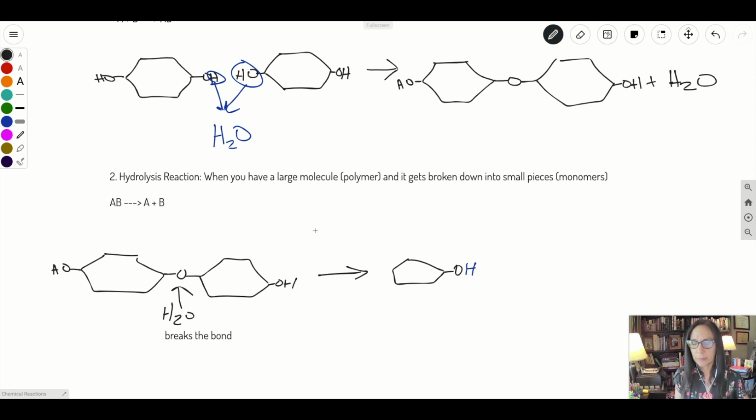Okay. And then we have a hydroxyl group here that was always here. Plus we have a separate piece, so they've been separated. This is our carbon ring with our hydroxyl group. And then on this side, the OH from the water is going to come here. So the hydroxyl group is going to come from the water molecule.